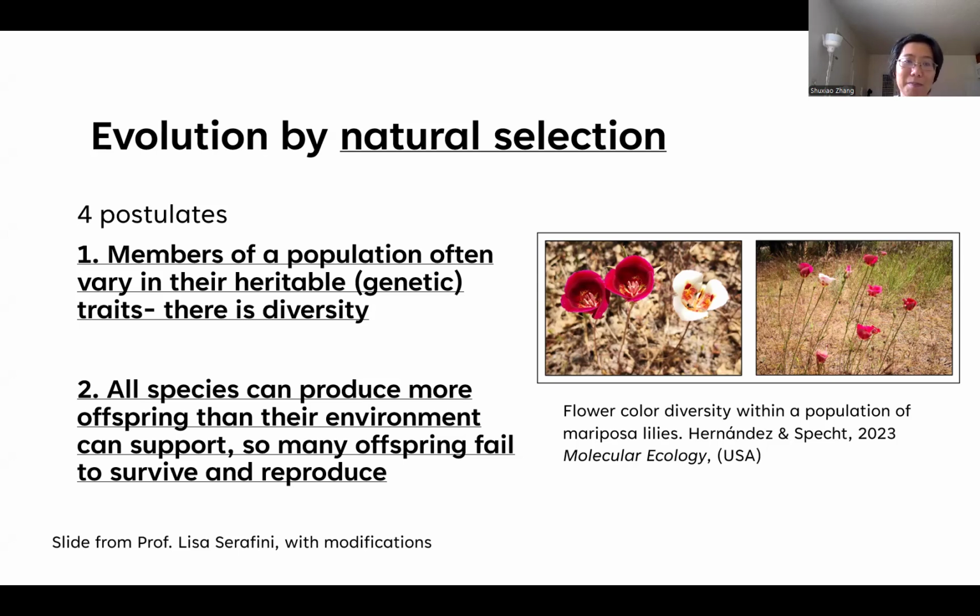Number one is that members of a population often have variations in their genetic traits. So there is diversity that can be inherited, such as, for instance, the flower color variation we saw earlier within this population. The second thing that must be true is that all species can produce more offspring than their environment can support, and so many offspring will fail to survive and reproduce. In other words, there is competition for survival.